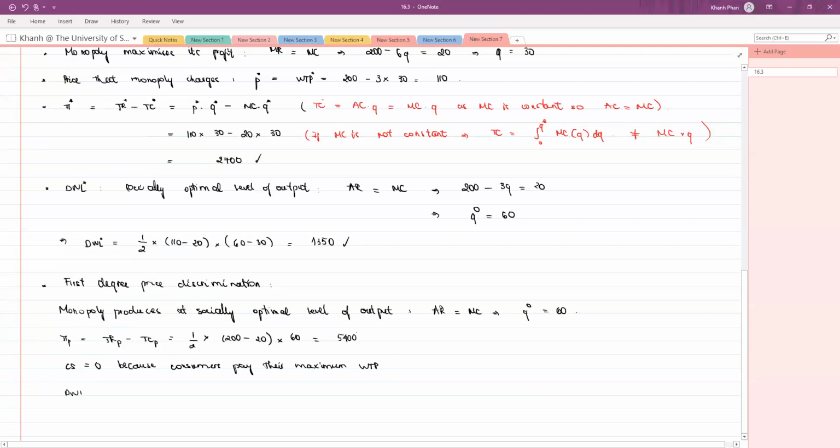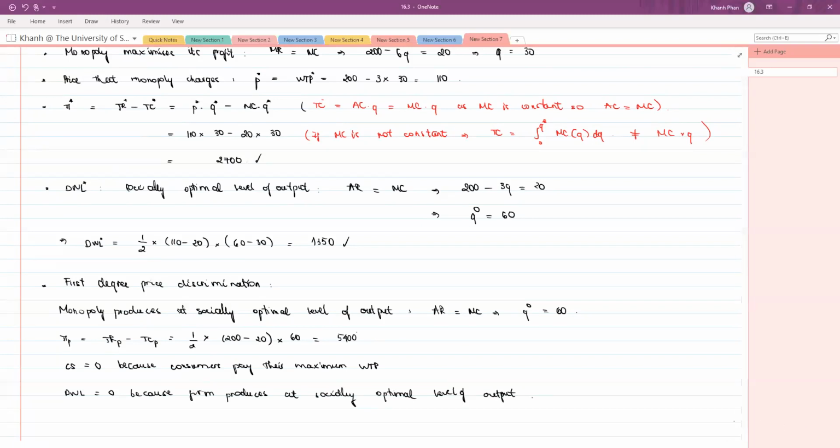And the deadweight loss is now 0 as well, because the firm is producing at the socially optimal level of output. All right, so therefore the firm's profit, the consumer surplus, and the deadweight loss all become the firm's profit with the price discrimination.